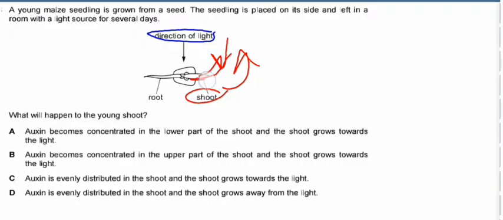So the correct answer here is A. Auxin becomes concentrated in the lower part of the shoot, and the shoot grows toward the light, which is option A.